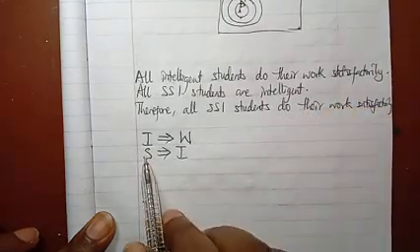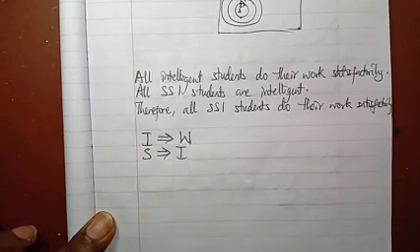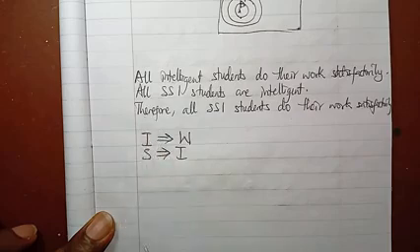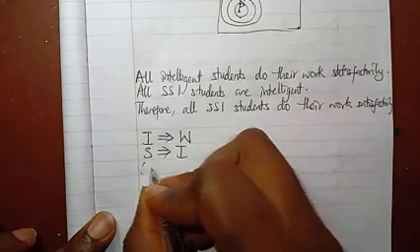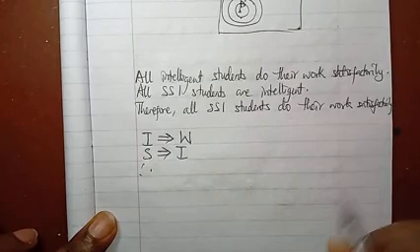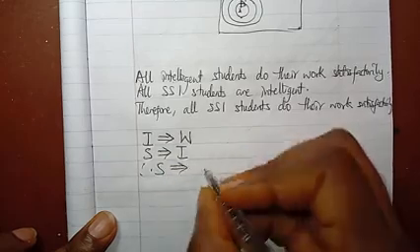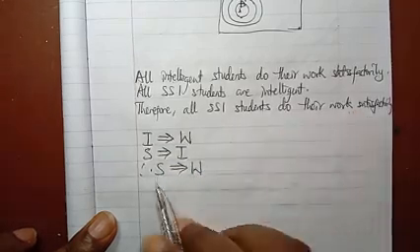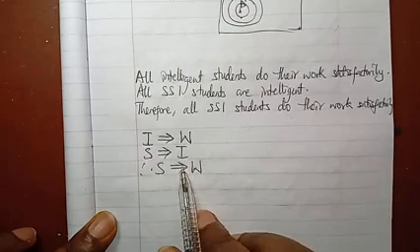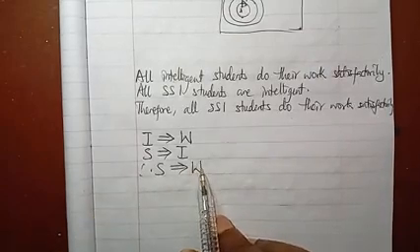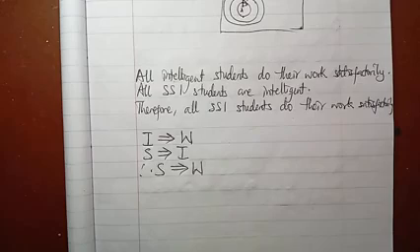So so far you're in SS1, it means you're intelligent. Therefore, that is our conclusion: all SS1 students do their work satisfactorily. That is, they give us satisfactory work.